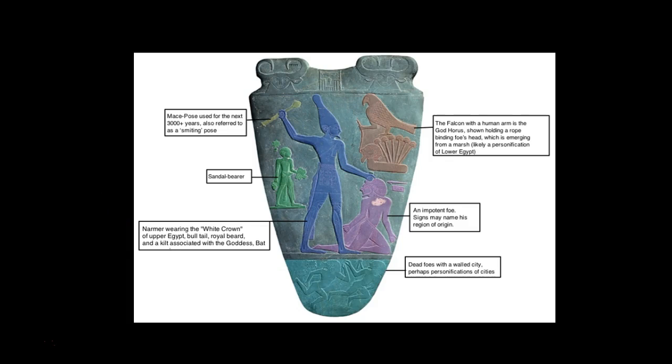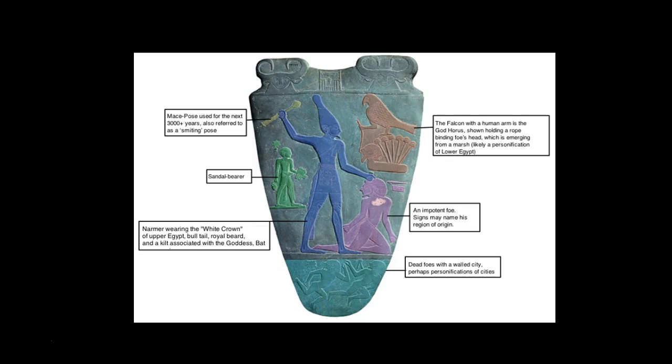So there have been a number of theories related to the scenes carved on this palette. Some have interpreted the battle scene as a historical narrative of the initial unification of Egypt under one ruler, supported by the general timing, as this was the period of the unification, and the fact that Narmer sports the crown connected to Upper Egypt on one side of the palette and the crown of Lower Egypt on the other.